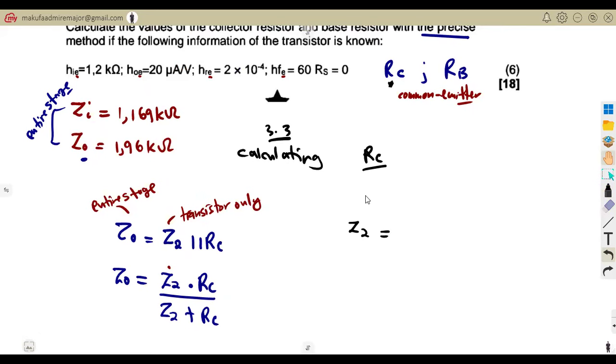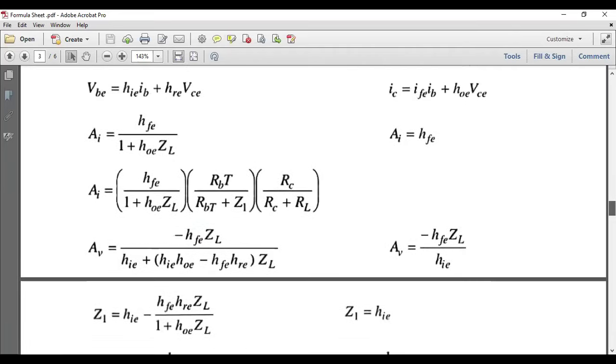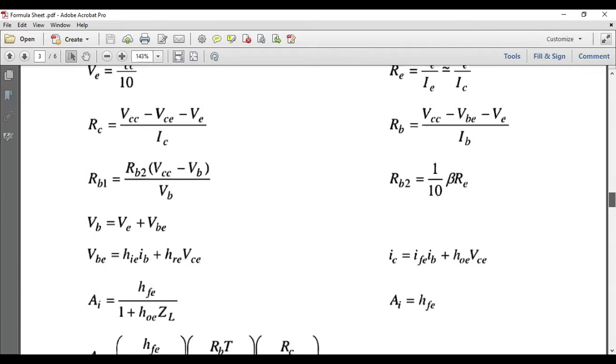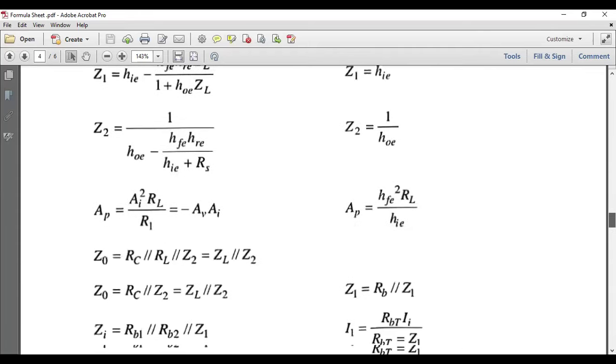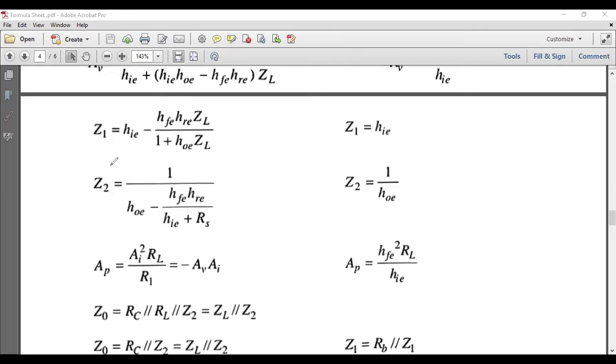All right, let's go back to our formula sheet. Remember this, you are given this. We have to consider the H here. If you consider this part, Z1, Z2, we have this. So we are considering the Z2 here.